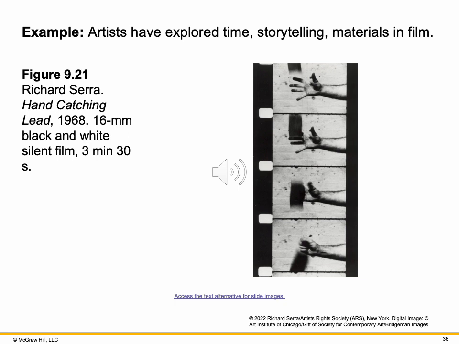Only Serra's hand is visible in the center of the frame, dirty from the lead that he handles. The camera does not move or zoom in or out, and Serra rejects the typical elements of the medium that were familiar from pop culture: storytelling, narrative arc, characters, editing. Hand-Catching Lead begins and ends in the same way, lead falling, being caught or not, and dropping out of the frame.